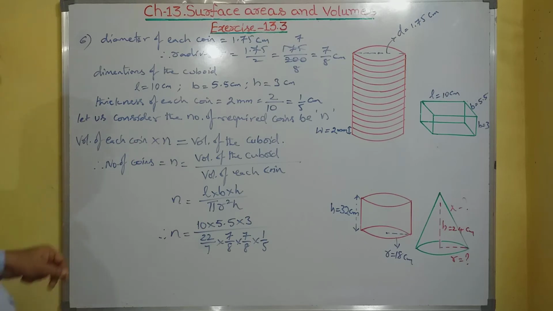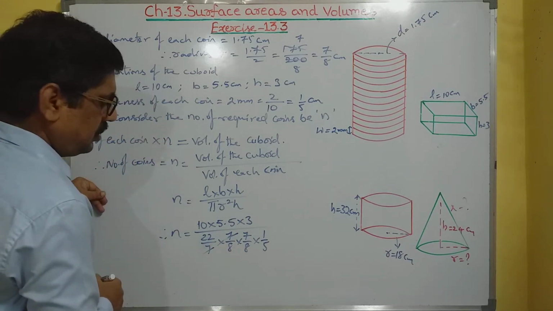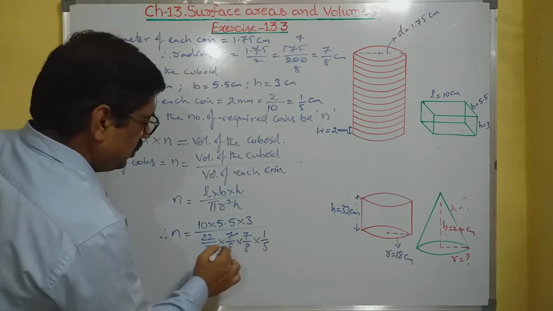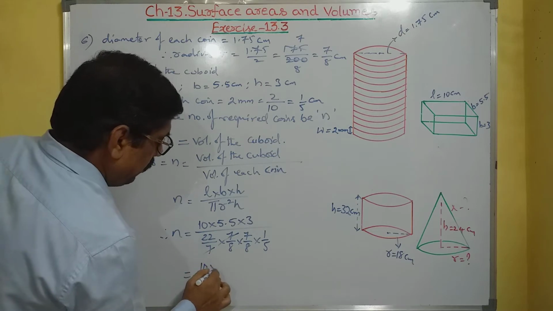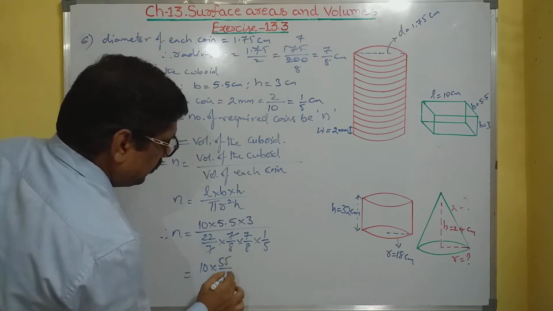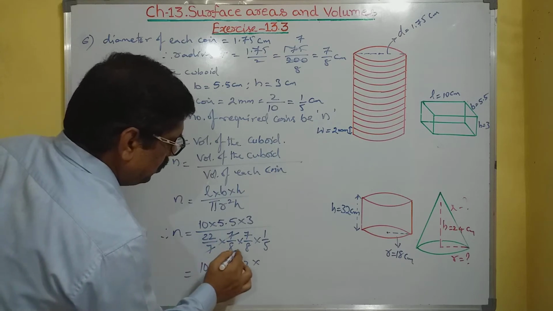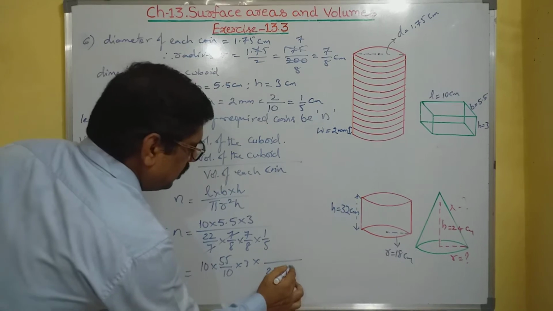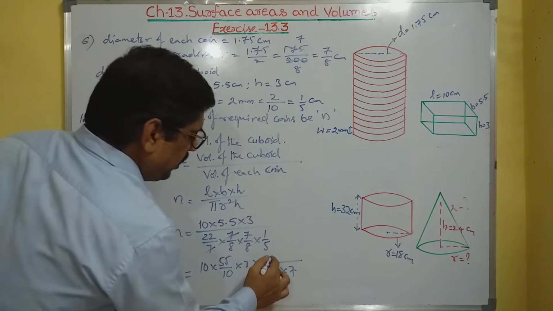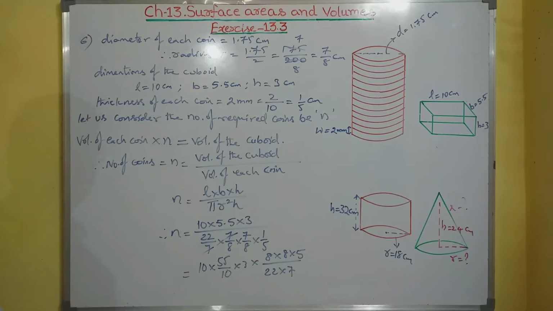Okay, we need to simplify this. Now 7 will be cancelled. Now here, 10 into 5.5 is 55 by 10 into 3. This 22 into 7 will come into the denominator, and this 8 into 8 into 5 will come to the numerator.